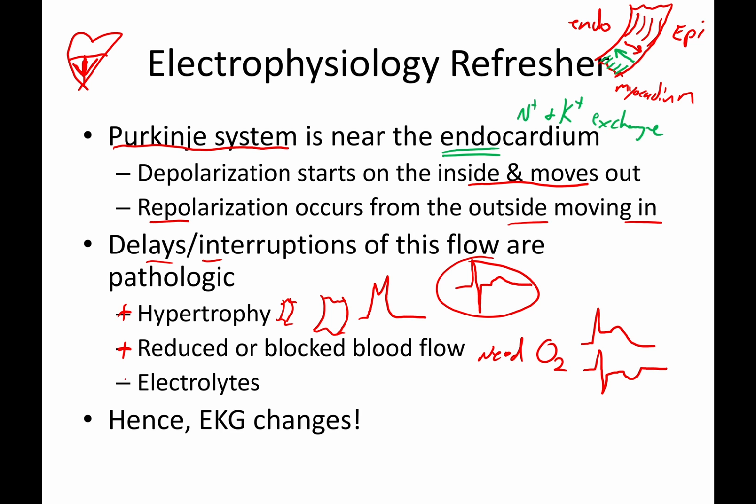The last thing that'll throw you off is electrolytes, and we talked about this before as well, which can be highly elevated potassiums, or extremely low for that matter, and other things like that.